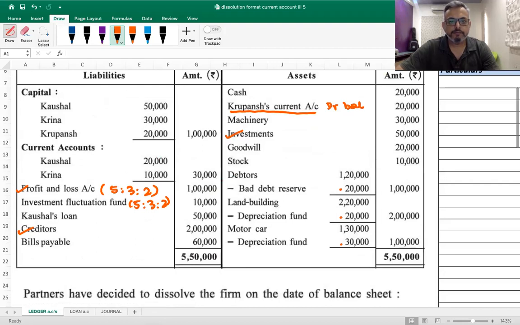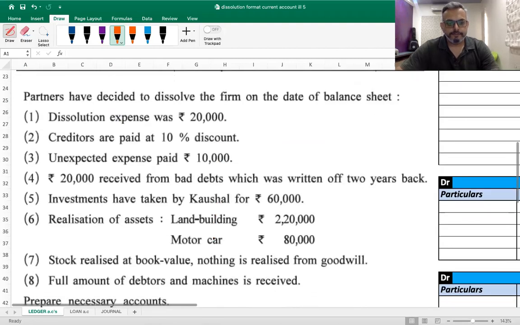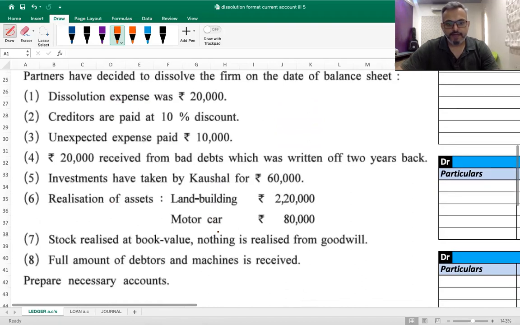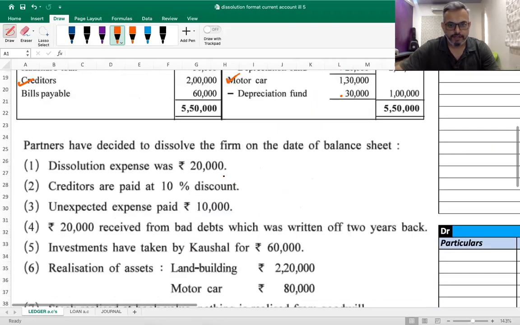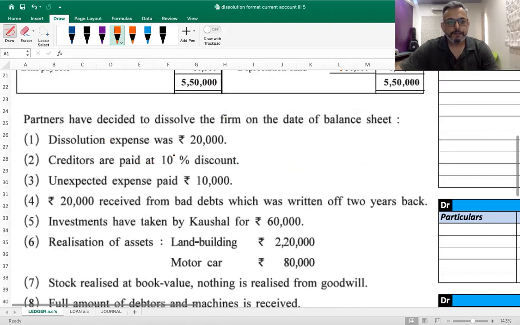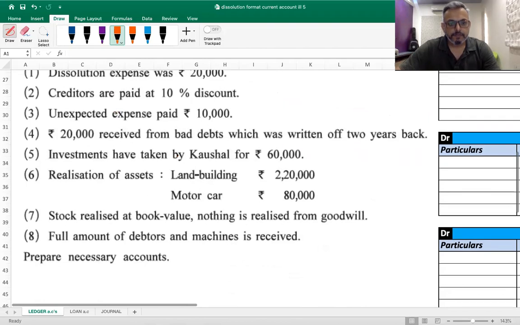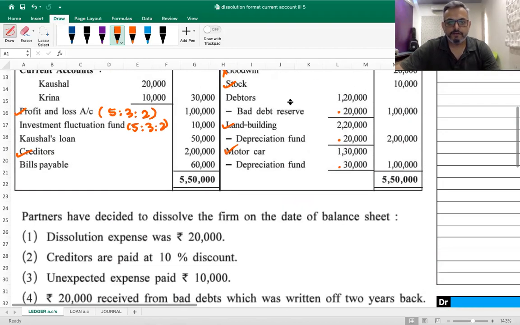Land and building, motor car. Then stock realized at book value. Nothing is realized for goodwill. So we take stock. Nothing is going to be realized for goodwill, so I cross it out. Now full amount of debtors and machines is received.